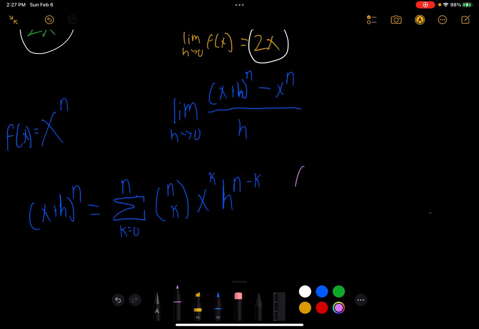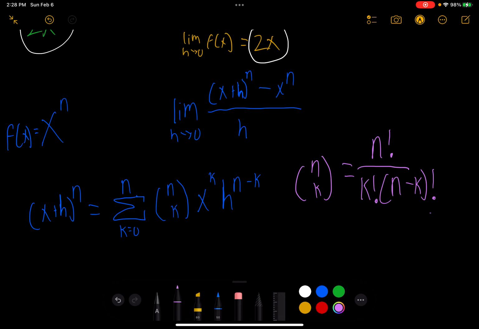We're going to see here that n choose k is equal to n factorial over k factorial times (n minus k) factorial. Remember, n is always going to be equal to the exponent up there.